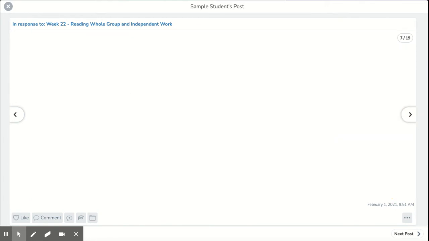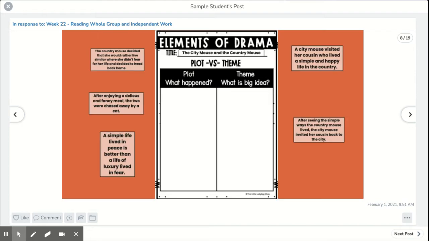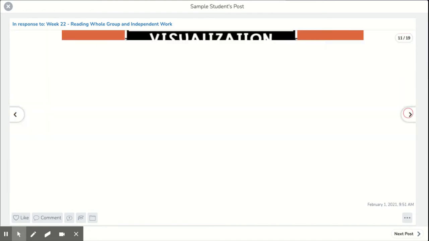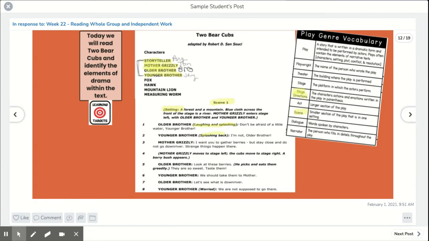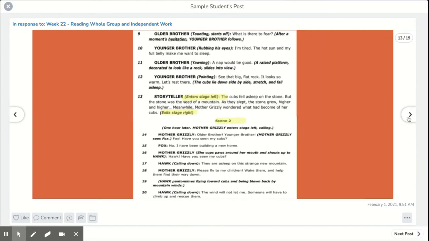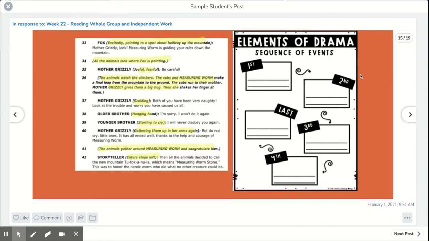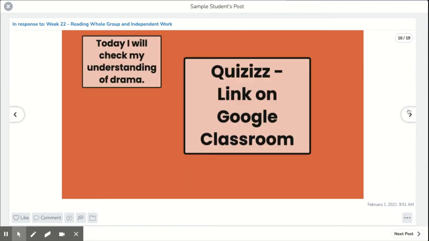So yesterday we read the story about the two bear cubs, and we did scene 1 together. So we read this part together and this part right here, and then scene 2 and 3 students finished on their own, and they put them in order. And then today they had a quiz on Google Classroom about the story.